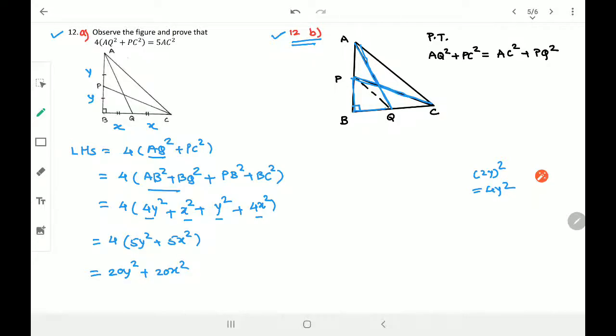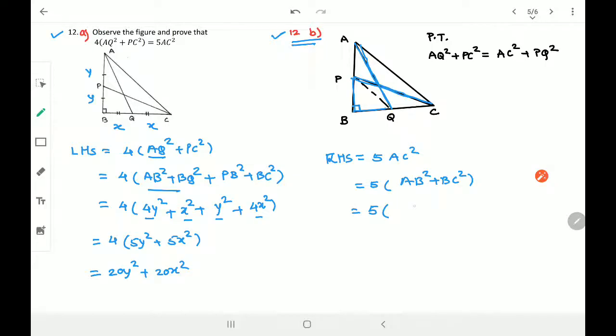Now I'll take RHS. What is RHS? It is equals to 5 AC square. So it is 5 into bracket AC. What is AC? AC square is AB square plus BC square. So 5 into bracket, what is AB square?